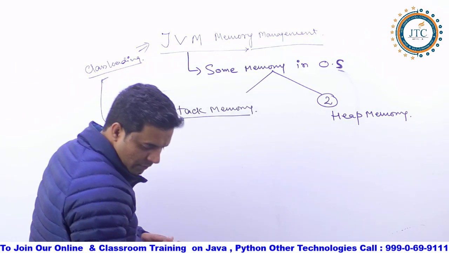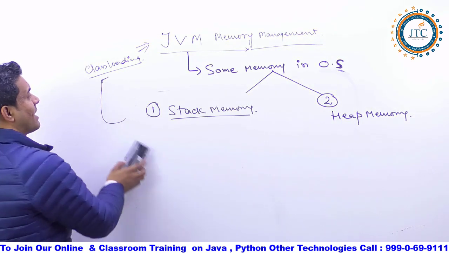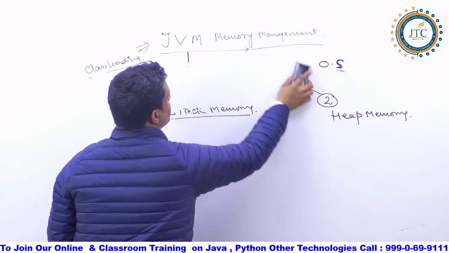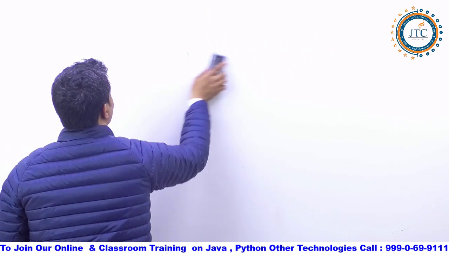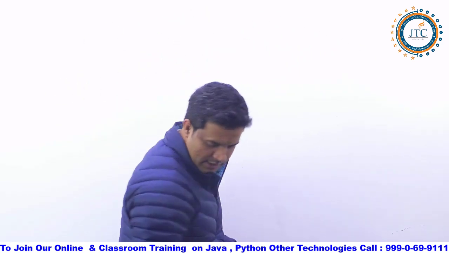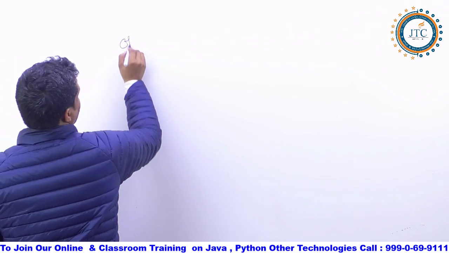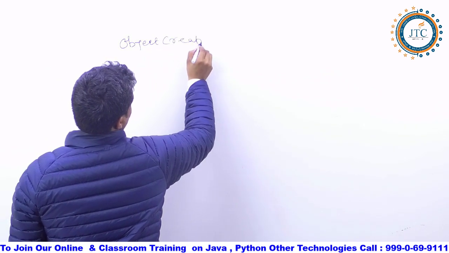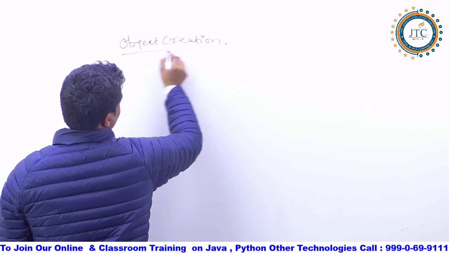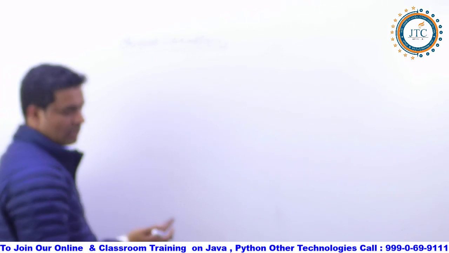And now the second one is object creation. What will happen whenever we are creating any object of the class?